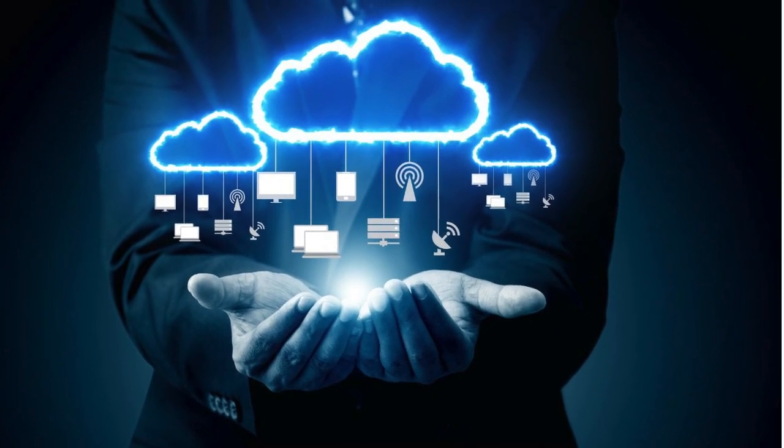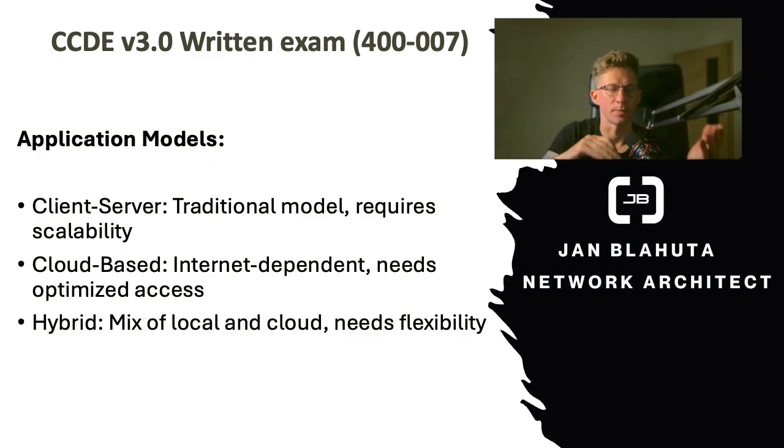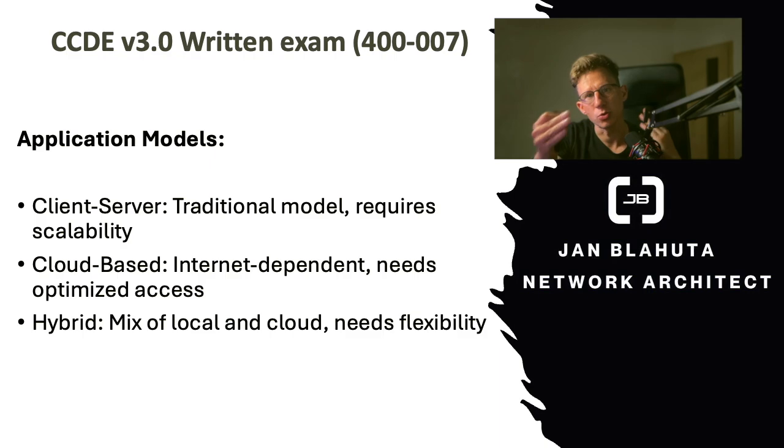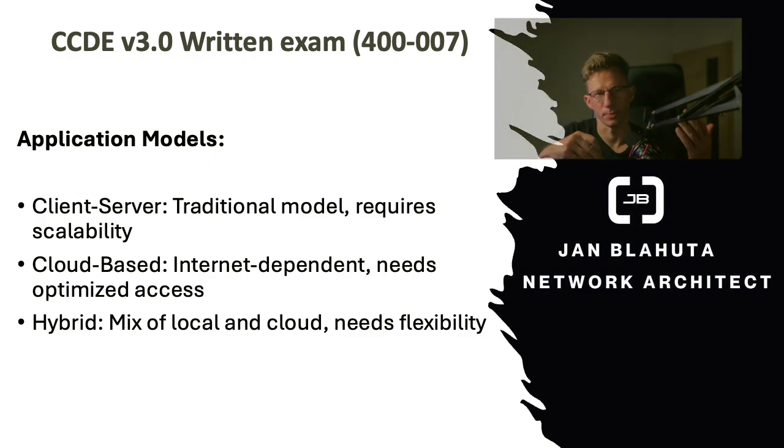These live in the cloud and are accessed online, like Adobe Creative Cloud or other browser-based tools. Fast, reliable internet is a must here. And finally, hybrid applications, a mix of local and cloud. For example, a company might run a database in-house, but use the cloud for backup. This setup needs flexibility and smooth integration across the board.